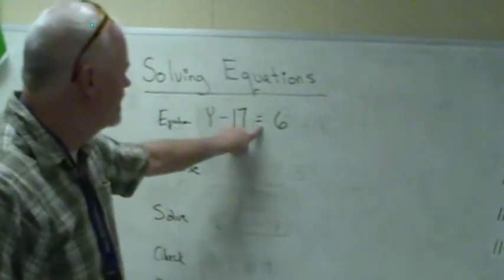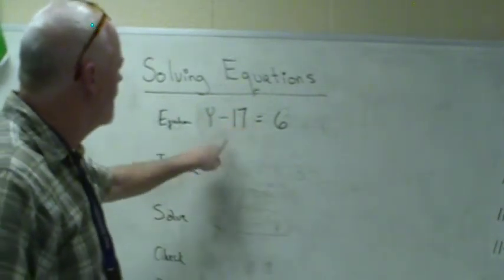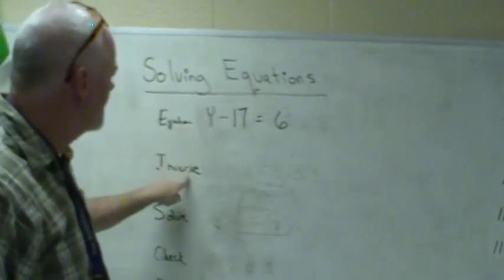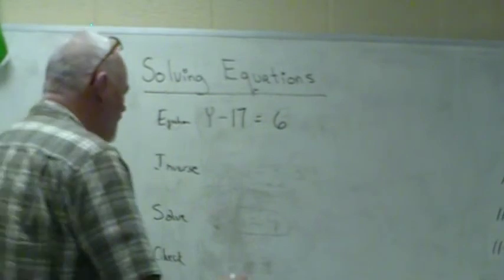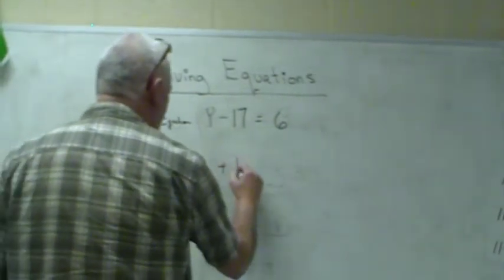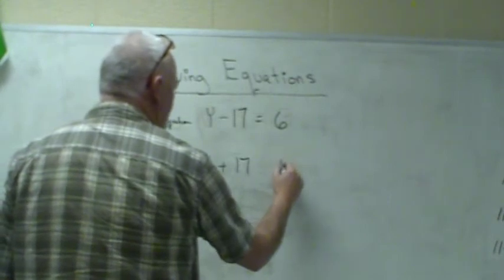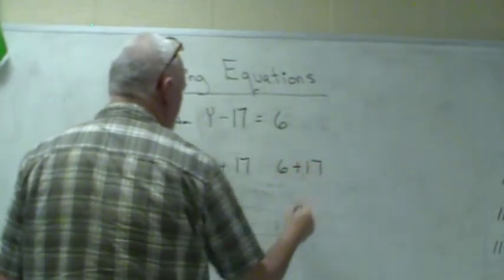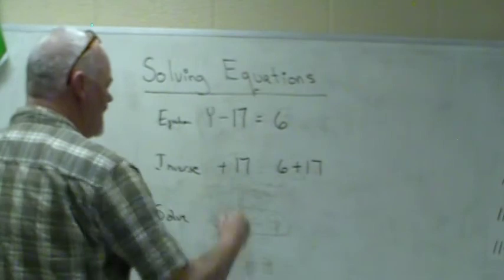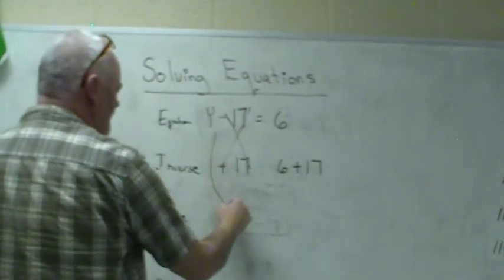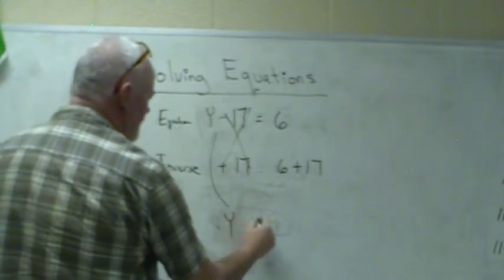We have an equation because it has an equal sign. We are subtracting. We're going to do the inverse. The inverse of subtracting is adding. So all we have to do is add 17. Whenever you use subtracting and adding 17, they disappear. The only thing you're left with is your y.